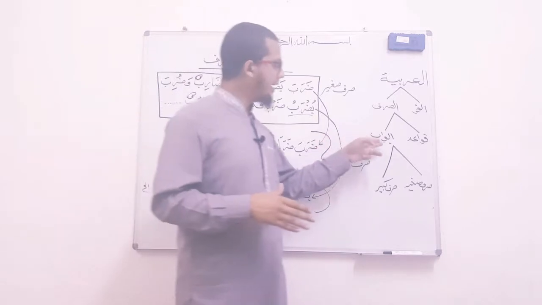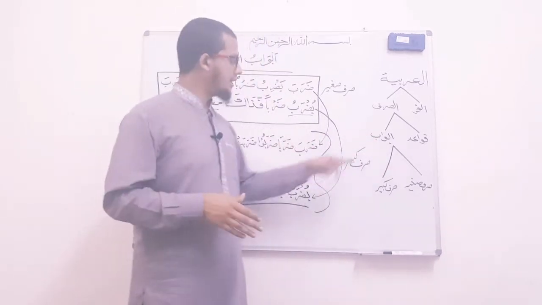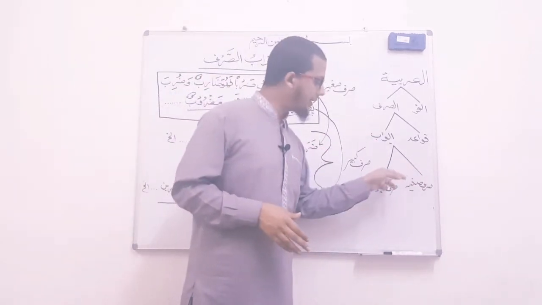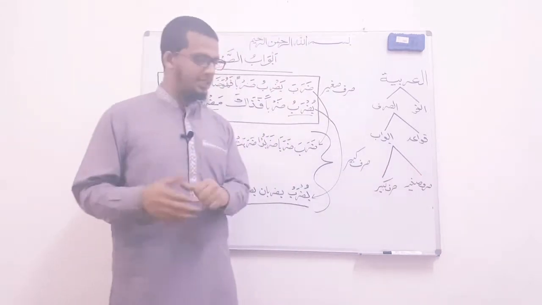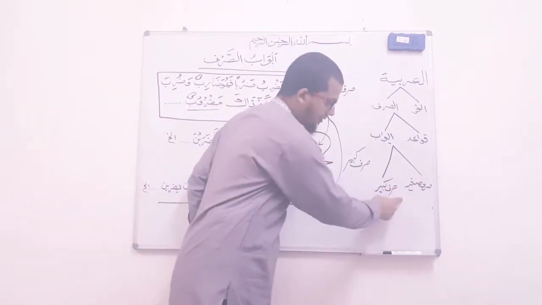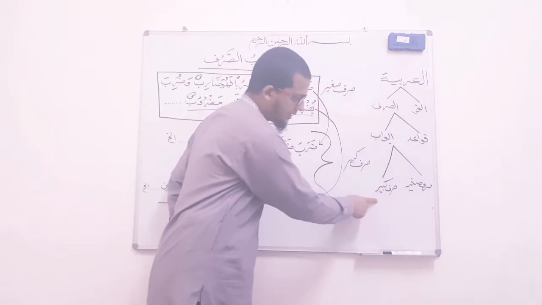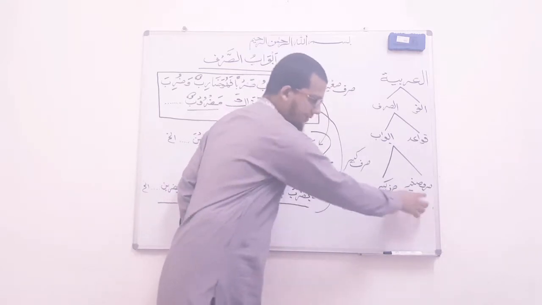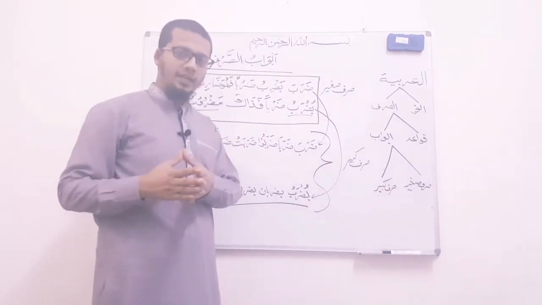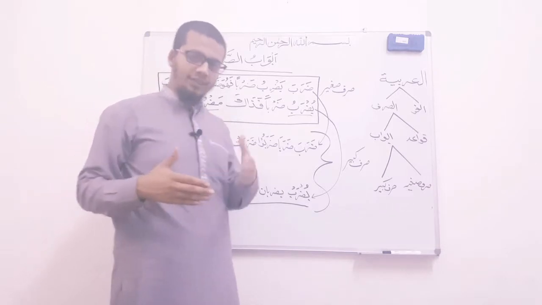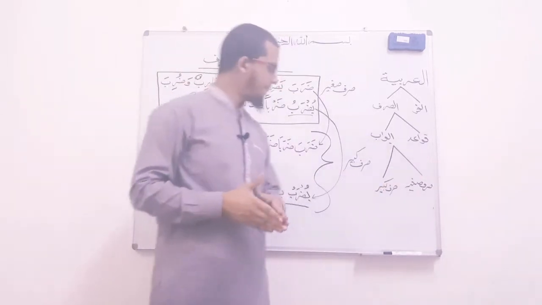Now, every Bab can be divided into two smaller sections. One of them is Sarf Saghir, and the other one is Sarf Kabir. Now, Sarf, as you know, its meaning is to convert the shape of one thing to another shape.